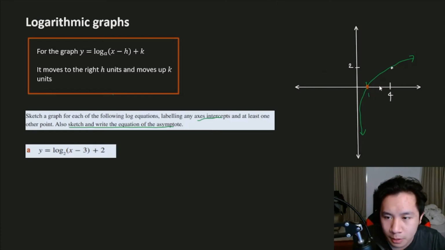Also, I'm just going to label the asymptote. We know that it moved 3 units, so the asymptote will be at 3. And I'm just going to label it here.